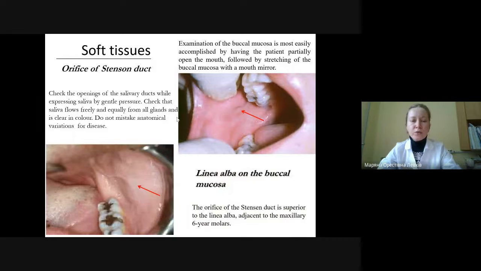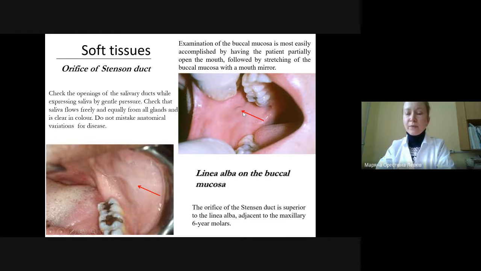The next, what should be examined inside the oral cavity is soft tissues, buccal mucosa. Examination of the buccal mucosa is most easily accomplished by having the patient partially open the mouth, followed by a stretching of the buccal mucosa with a mouth mirror. Such anatomical structures can be seen on the buccal mucosa, such as Stenson orifice, orifice of the Stenson duct.